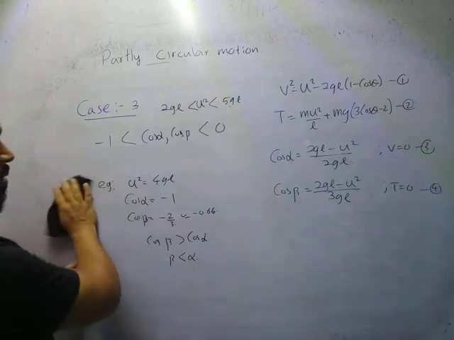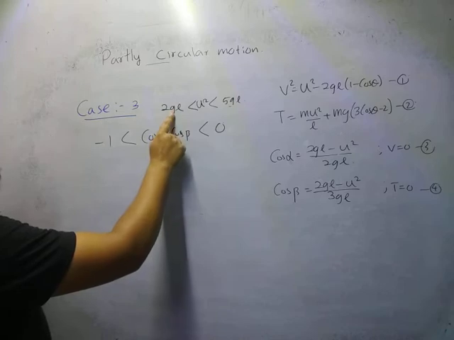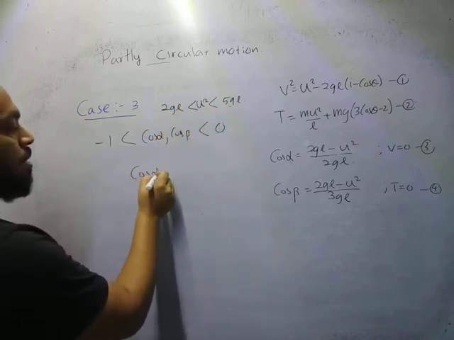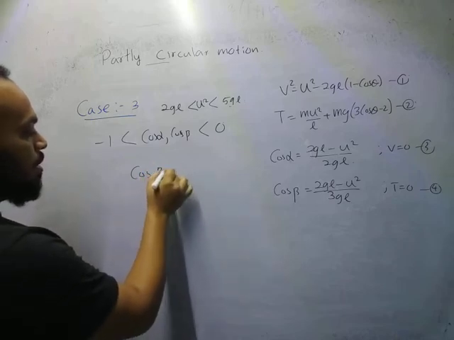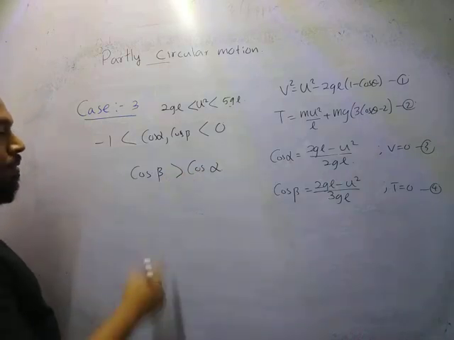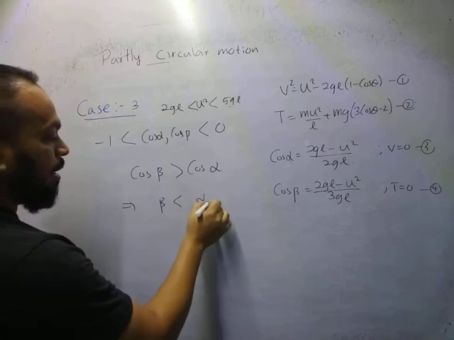I gave an example here, but in general, for any u squared value between these two values, we can say that cos beta is greater than cos alpha, which implies beta is less than alpha.